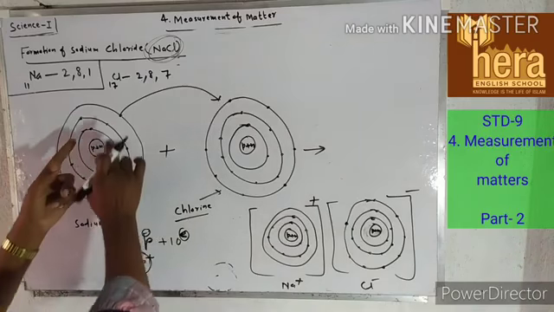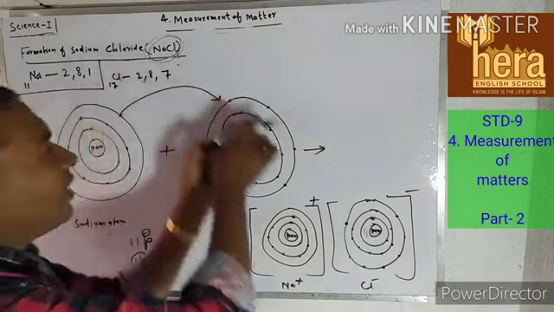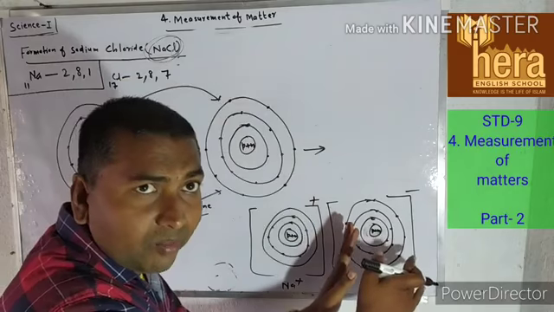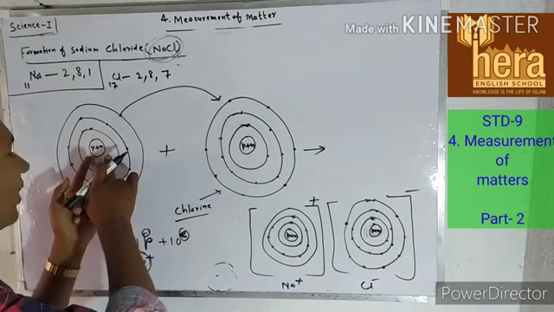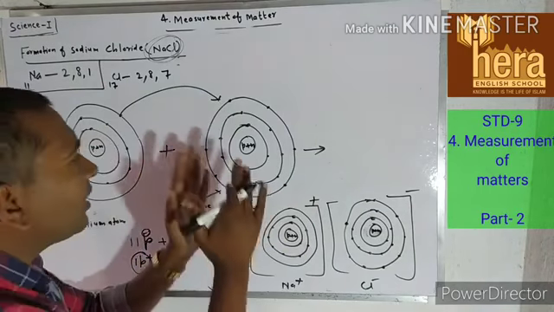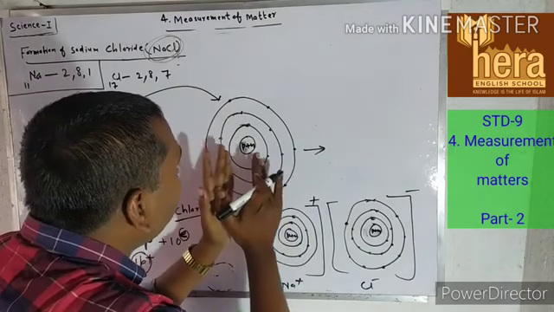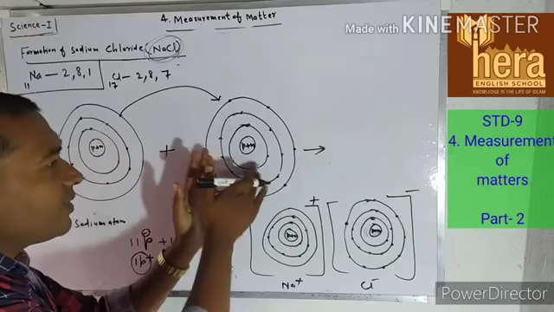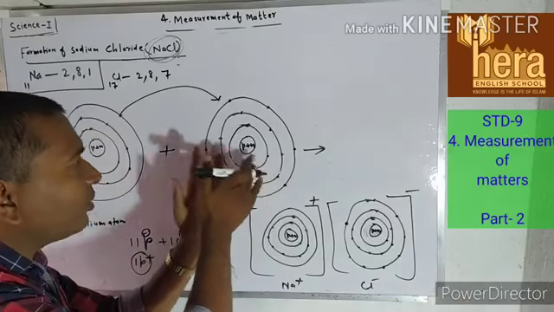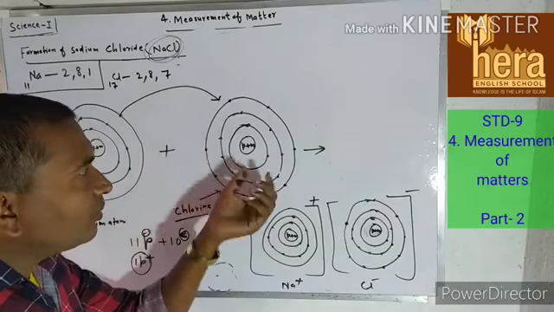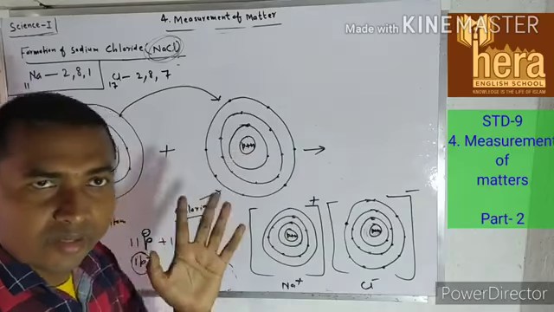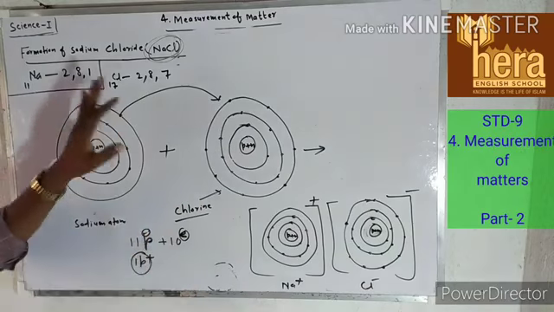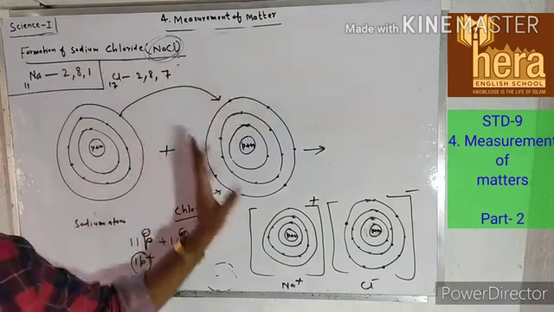Here, since sodium has given 1 electron to the other atom, the valency of sodium will be 1. Similarly, the chlorine atom has taken 1 electron from the sodium atom, so the valency of chlorine will be 1. Okay. So I hope you understood the formation of sodium chloride and valency as well.